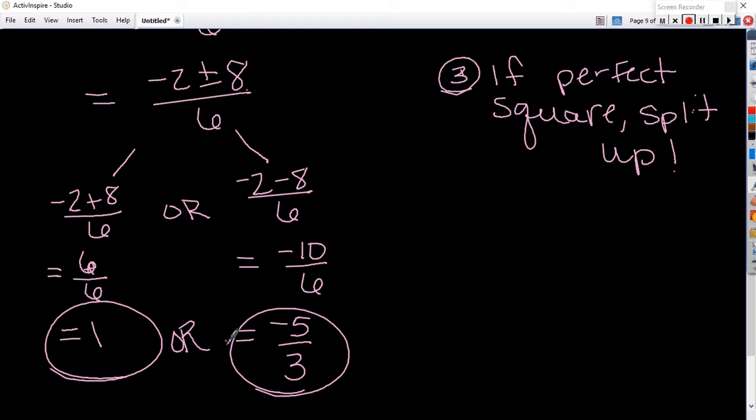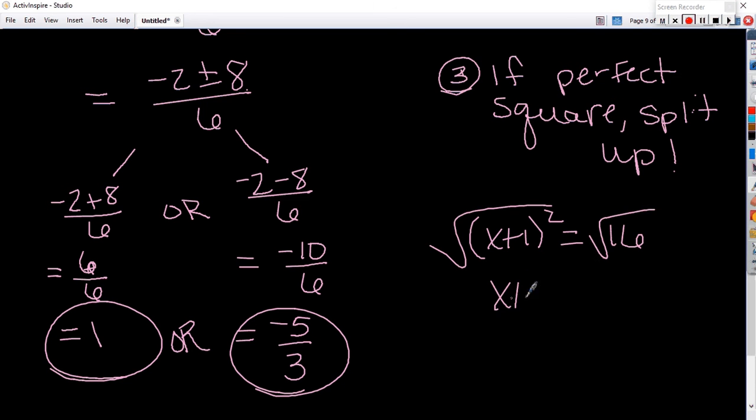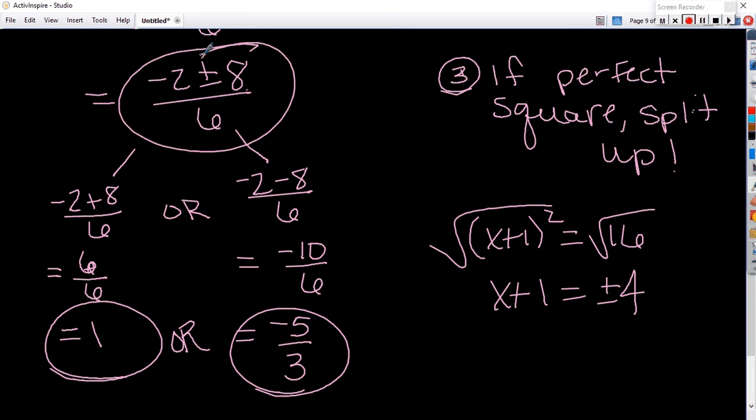My question is, why do we have to split it up if it already says it right there? It's just to let you understand and see, kind of like when we're solving x plus 1 squared equals 16 and we take the square root, we do plus or minus 4. I'm not going to take points off if you leave it like this. I would like for you to split it up, but I won't force you.